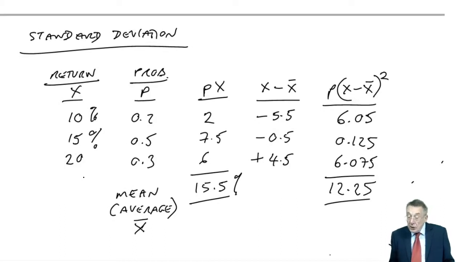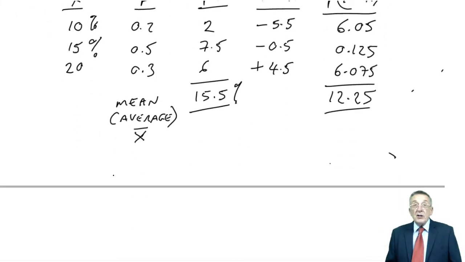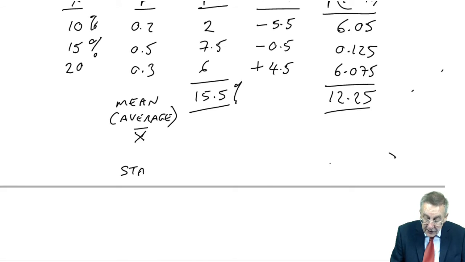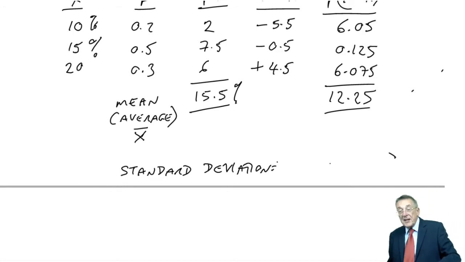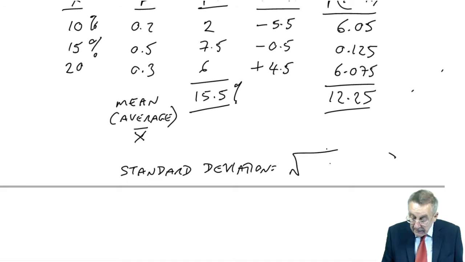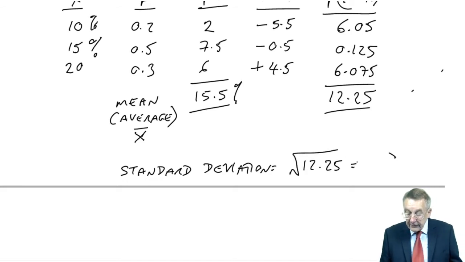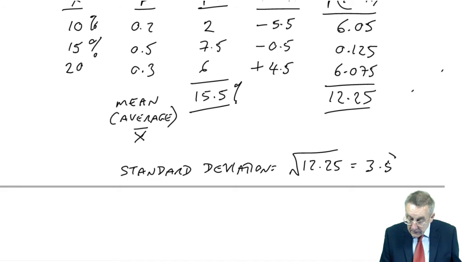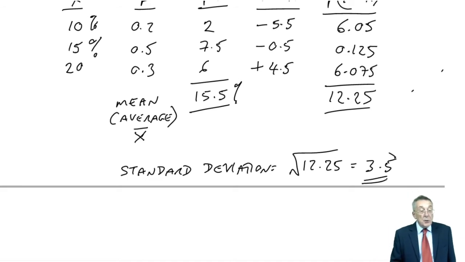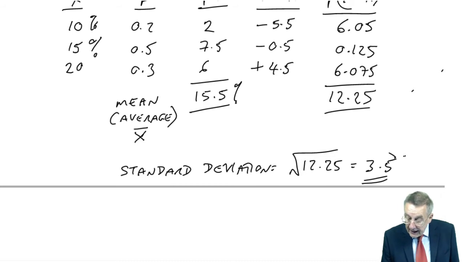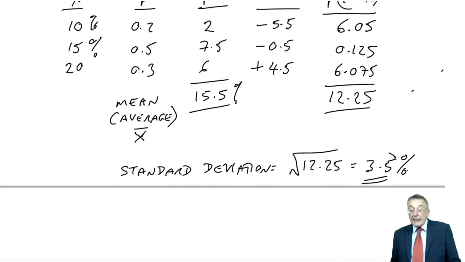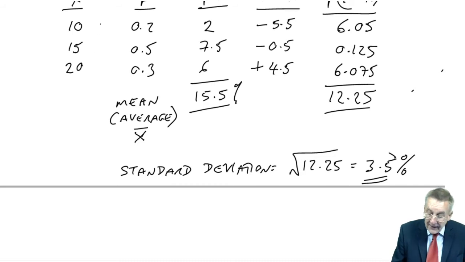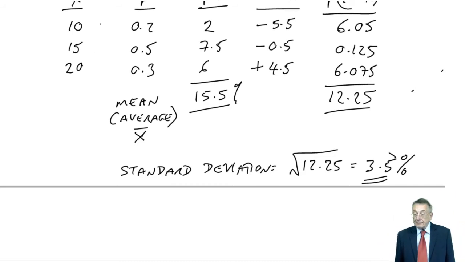And so to get back to the same units, the measure we use, which is the standard deviation, we now take the square root. It's the square root of 12.25, which is 3.5. And because here the returns were all given in percents, the standard deviation is a percent. Had the returns all been in dollars, the standard deviation would be in dollars as well.